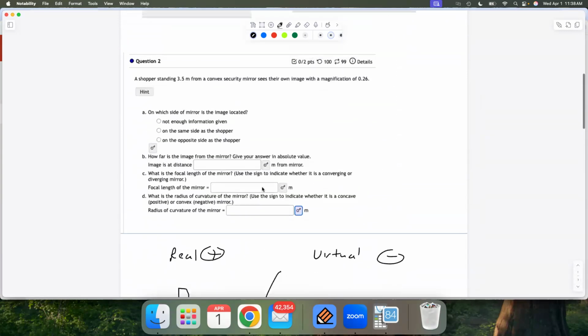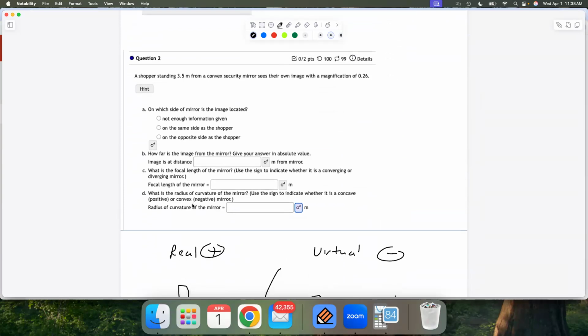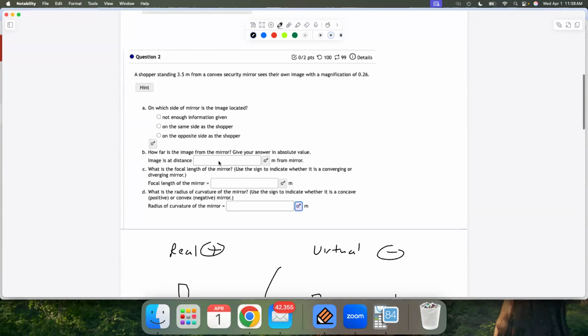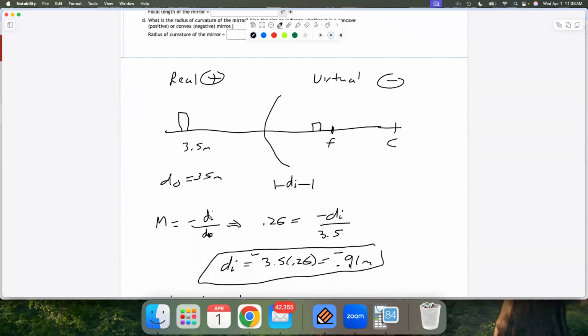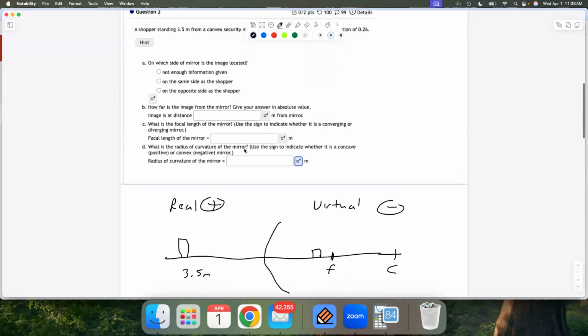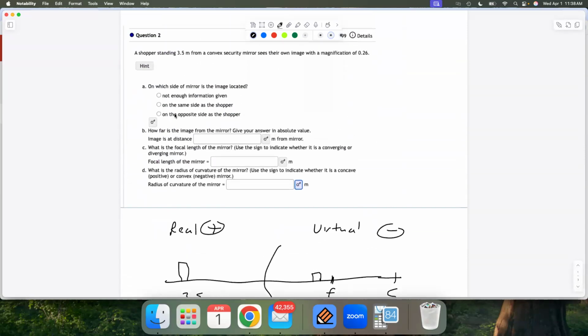And of course, we need units. And then we want the radius of curvature. Radius is just twice the focal length. And we always want to be careful here. In part B, they just wanted the absolute value. So even though DI was a negative number, negative 0.91, I already said which side it was on here.